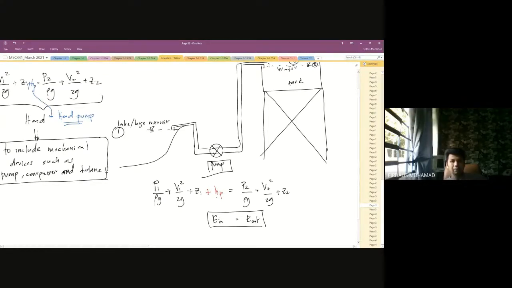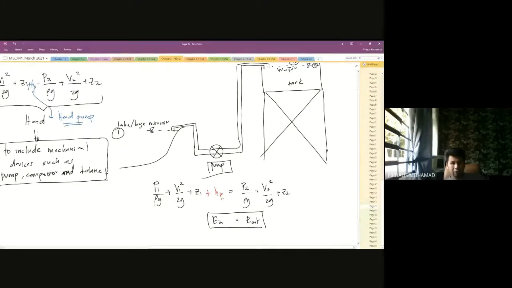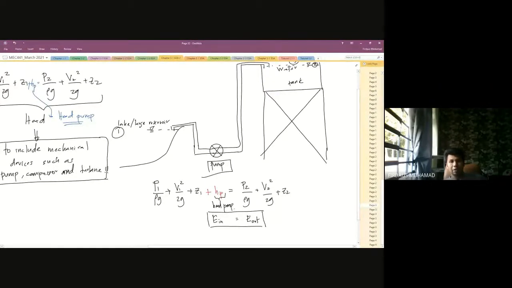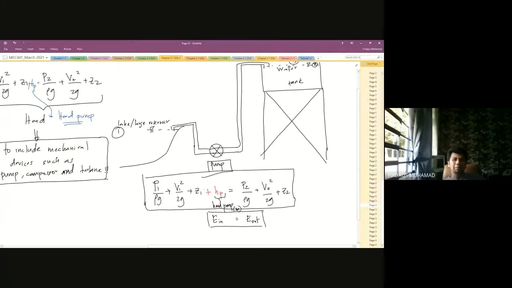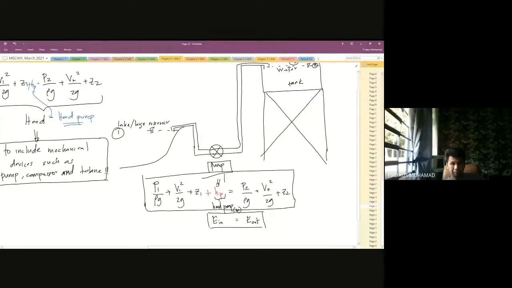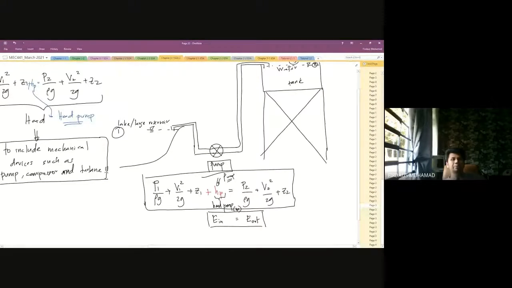So what is HP? HP is head pump, and its unit is meters. This is how to apply the Bernoulli equation by including the mechanical device, in this case a pump.